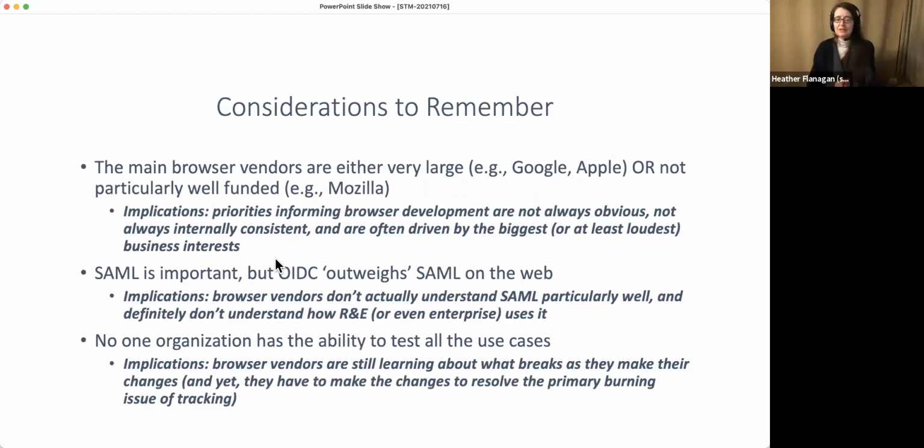So some things to remember. The main browser vendors are either very, very big, like Google or Apple, or they're not particularly well funded, like Mozilla. This has implications. It means that their priorities are not always obvious to outsiders. They're not always internally consistent to the very large organization because the left hand in a company the size of Google does not know what the right hand is doing.